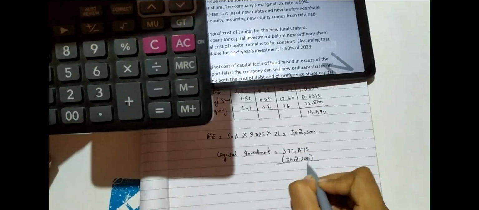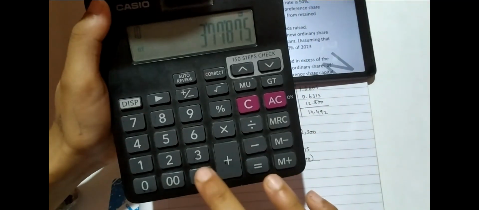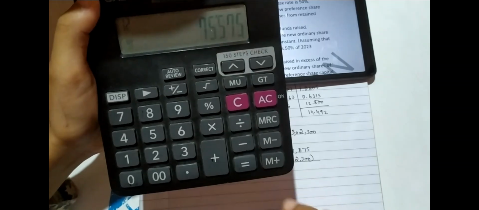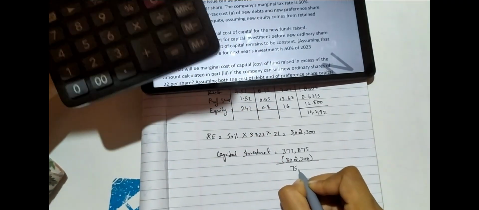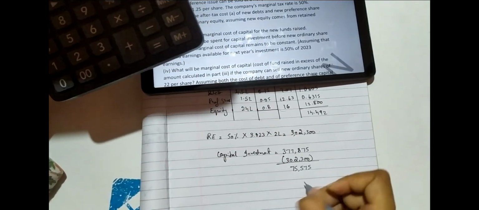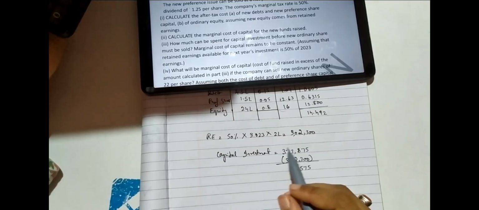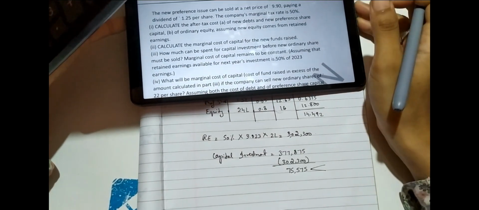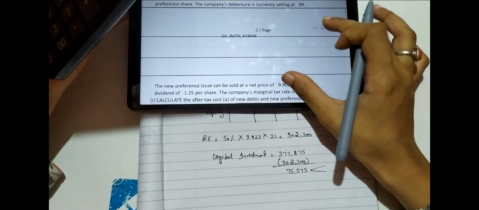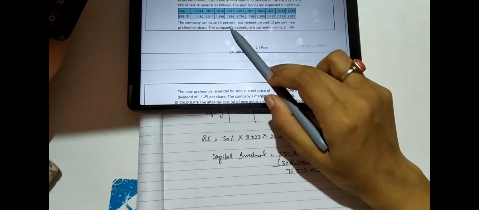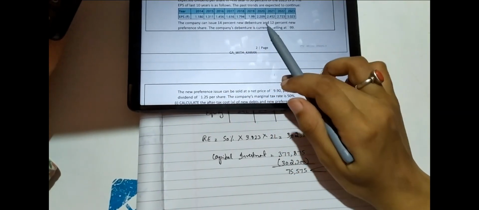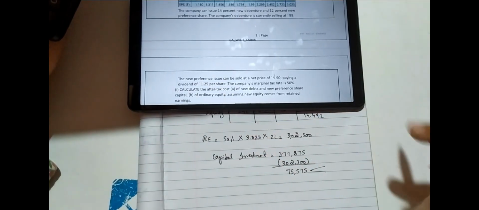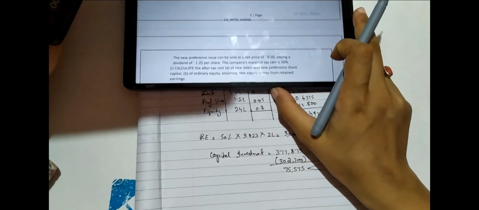Okay, so what is the amount left? So 30 to 300, so we still need 75,575. So from where can we raise this? We can raise this amount from new debentures and new preference shares as mentioned in the question. They have given that the company can issue 14% new debentures and also new preference shares. So how are we going to issue it? On the basis of weights.